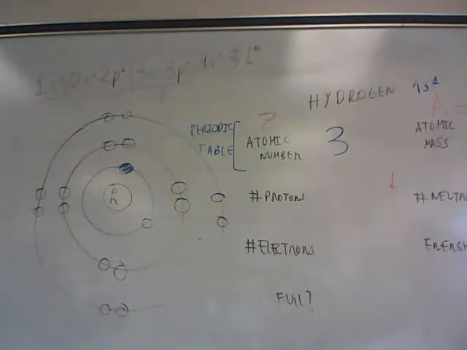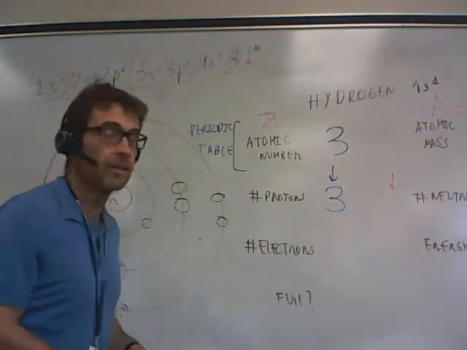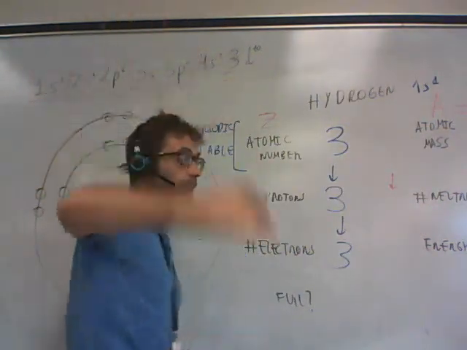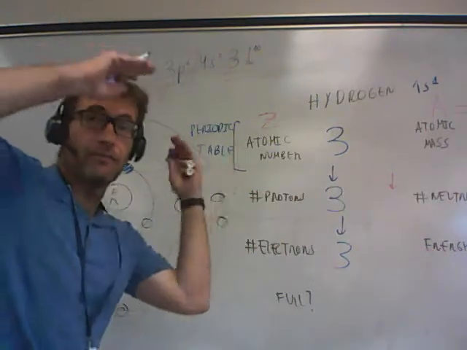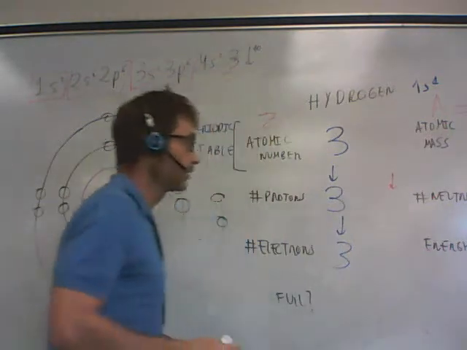Which is the number of protons? Come on, everybody, say which is the number of protons? 3. Very good. The number of electrons? 3. The number of neutrons? 4. 7 minus 3, 4.